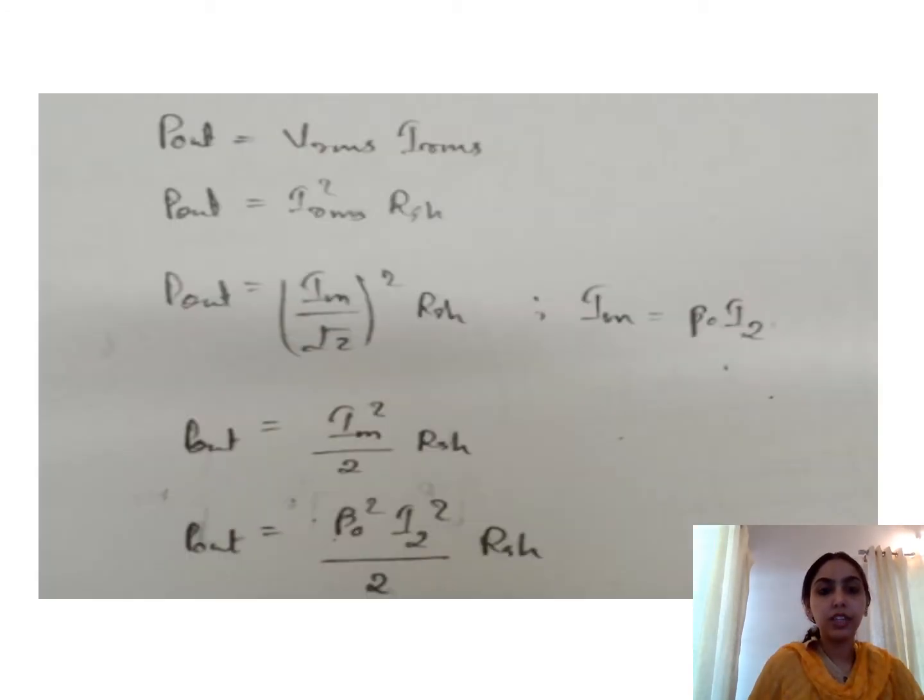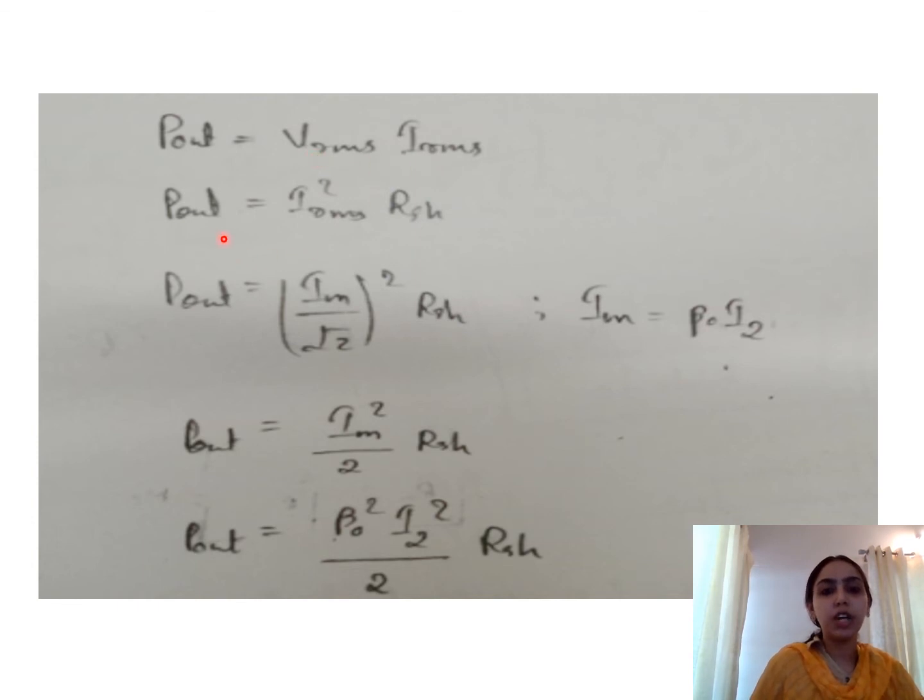Now here I have written some extra steps in order to understand how we are directly going to the next step. Sometimes there may be avoidance of many steps in between, so we may get confused. So output power we are now going to represent as Vrms into Irms. This is a standard expression for power in terms of the RMS values of voltage and current.